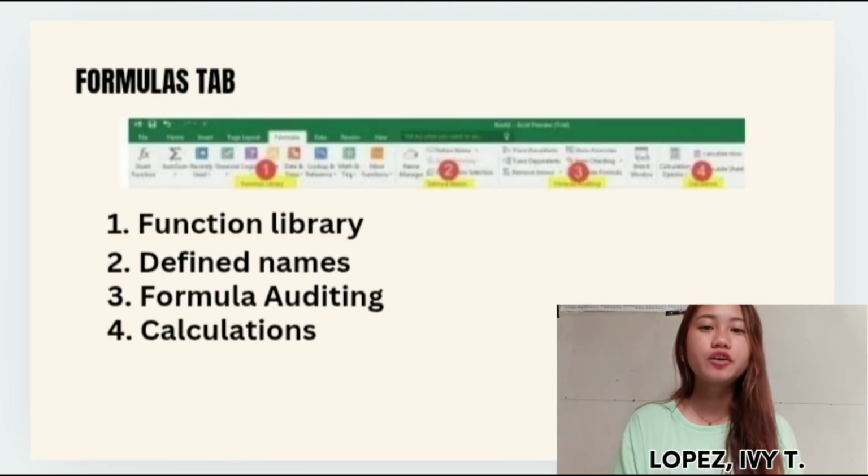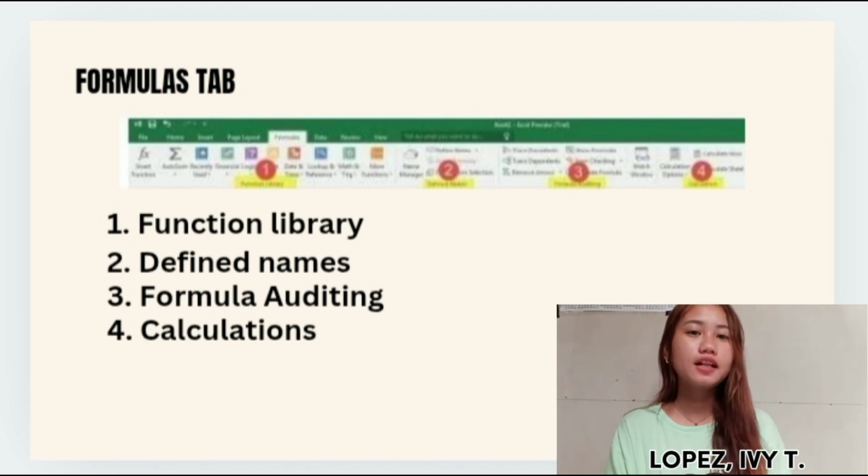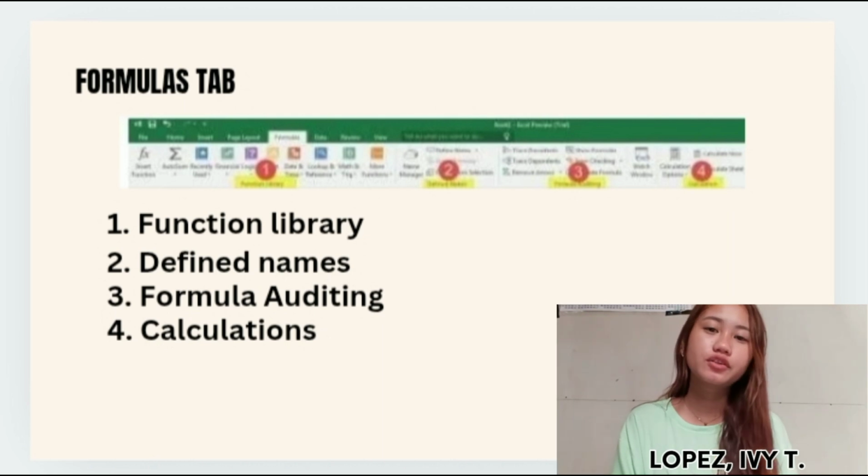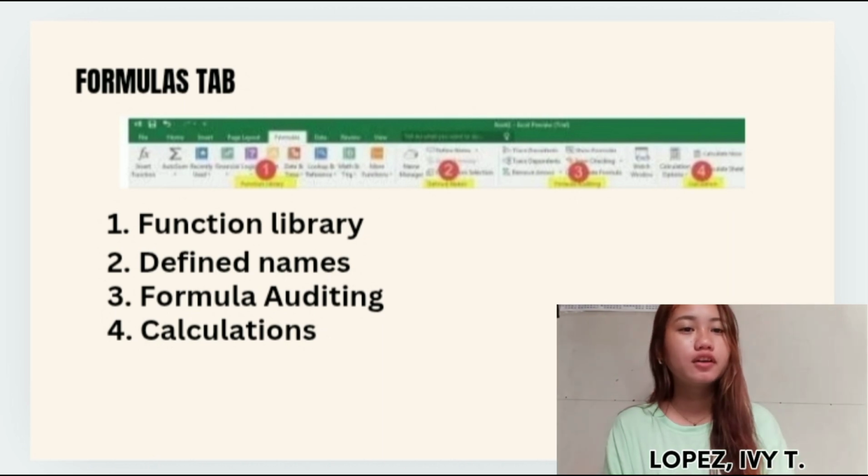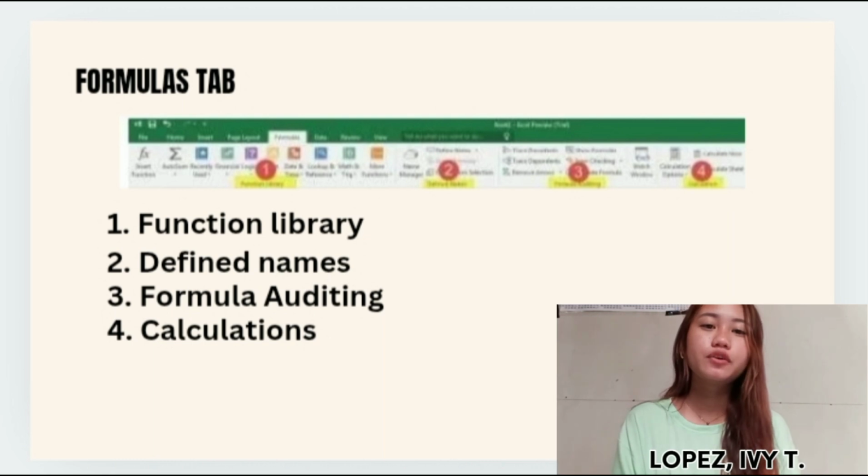Next is the Formulas tab. The Formulas tab contains the commands most commonly associated with Excel's formulas and functions. And number 1 is Function Library. This is a very useful group containing all the formulas that one uses in Excel.